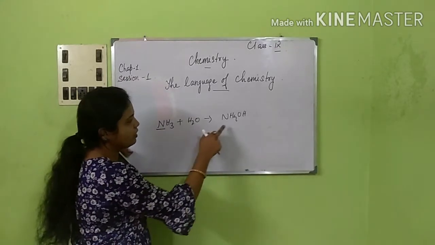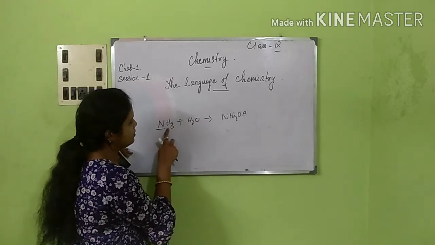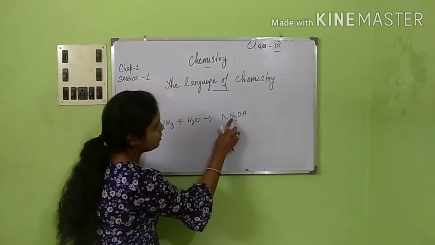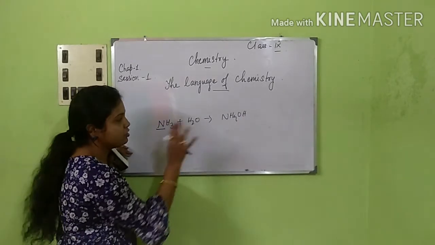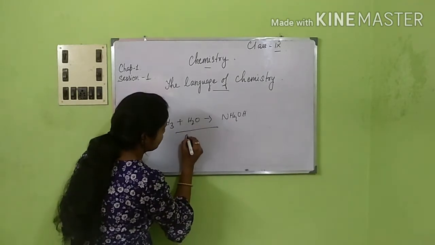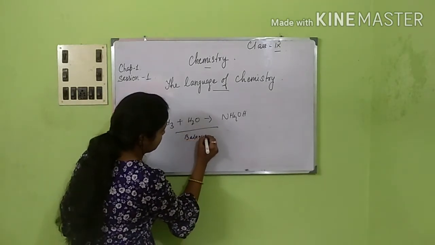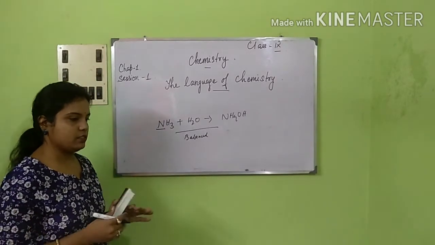Here nitrogen 1, here also 1, right? Here hydrogen, it is 3 plus 2, 5, here it is 4 plus 1, 5. That means hydrogen is also equal. 1 oxygen, 1 oxygen. That means this equation is already balanced.